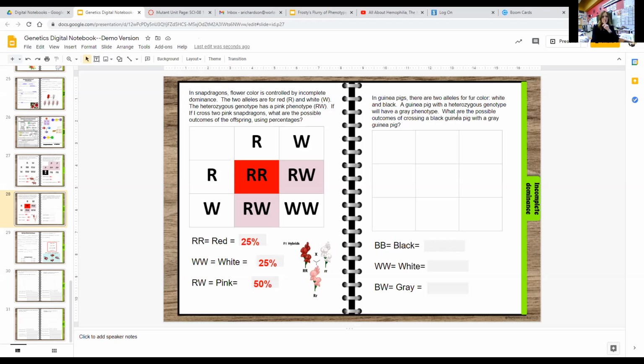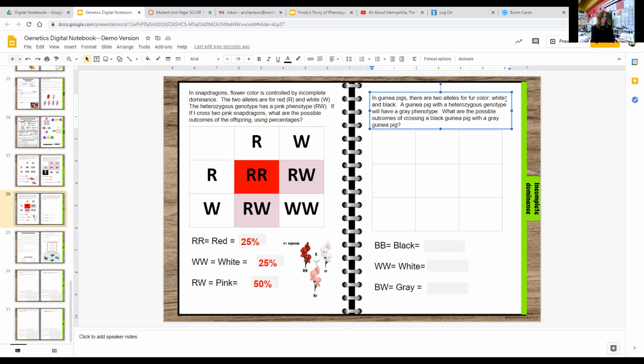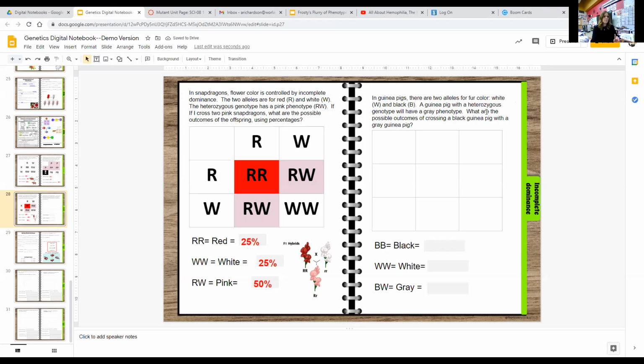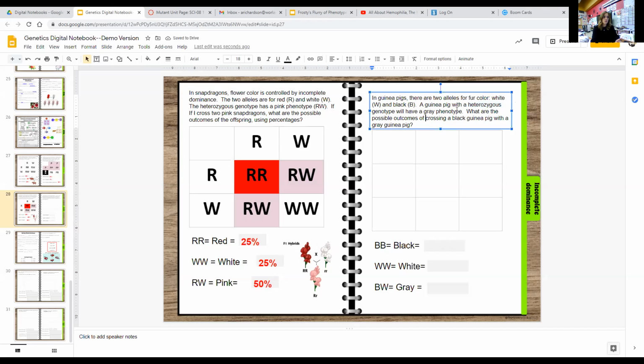So here, this one's kind of going to go with my white bear plus black bear thing. But in guinea pigs, there are two alleles for fur color, white and black. So we're going to say that white is W, goes without saying, and black is B. Okay. A guinea pig with a heterozygous genotype will have a gray phenotype. So if it's heterozygous, it's got one of each.